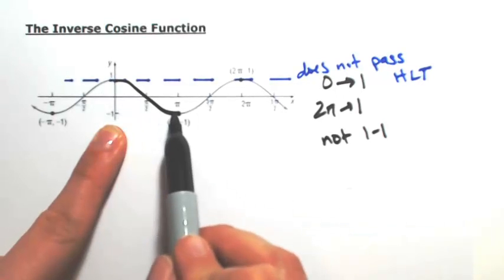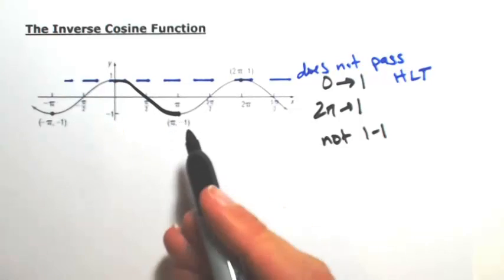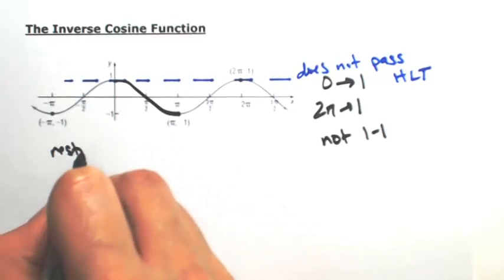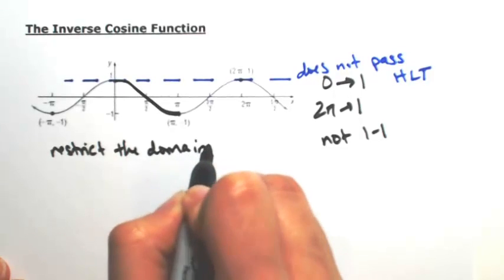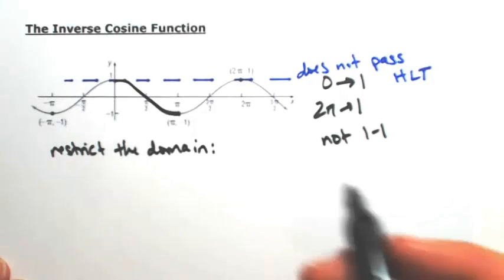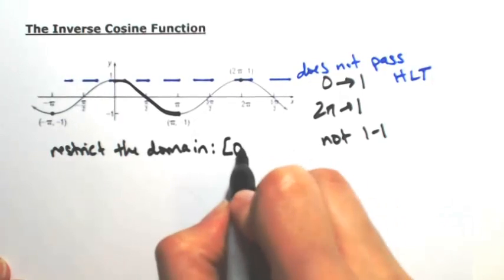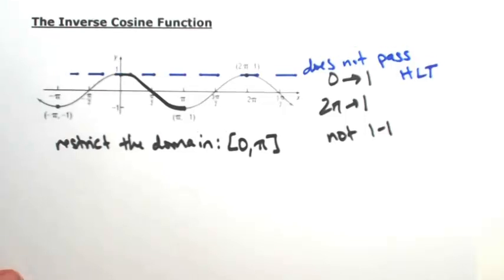So from 0 to pi, this will in fact pass the horizontal line test, which means that it has an inverse. Again, you could do this in almost any spot on the graph, but as a mathematical community, this is what we've decided on. So this is what we all have to agree on. So restricting the domain between 0 and pi.